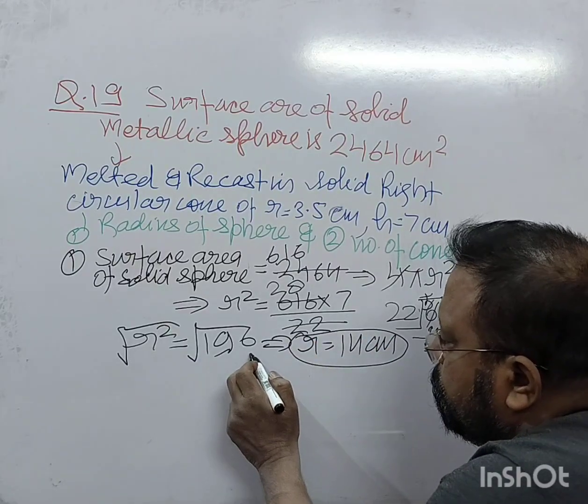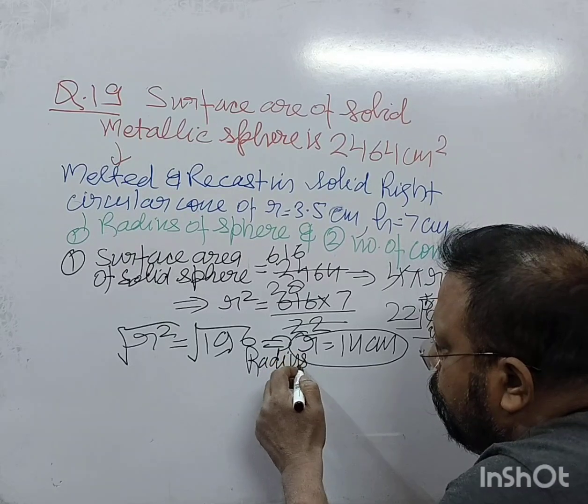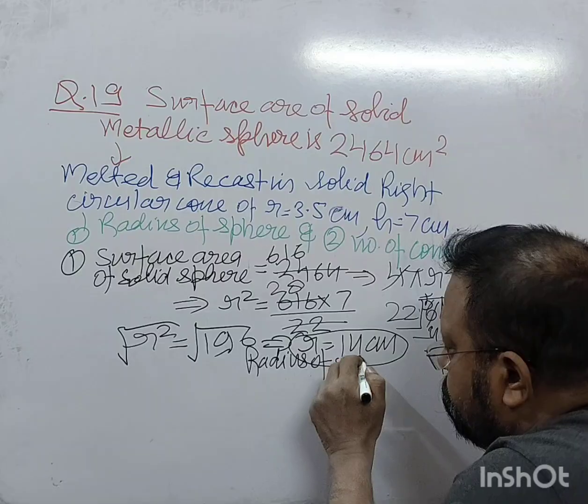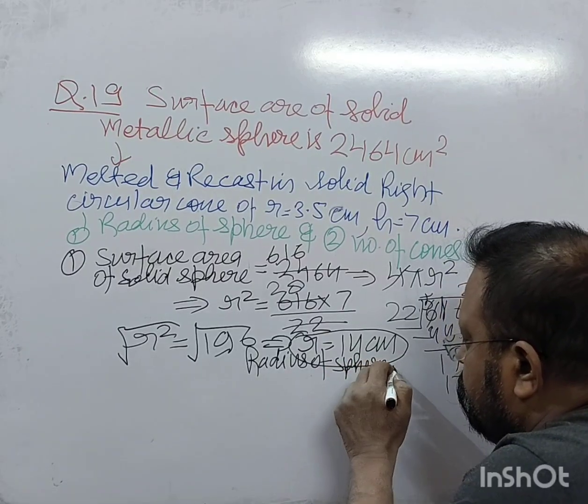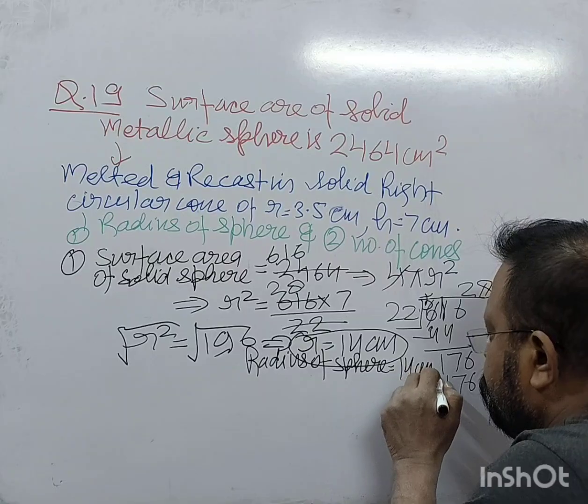So the radius of the sphere is equal to 14 centimeter.